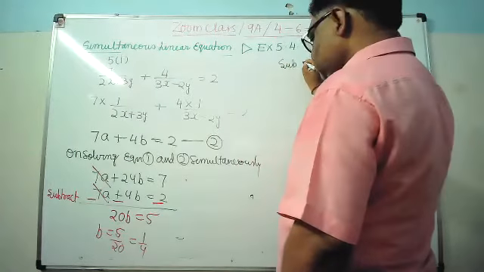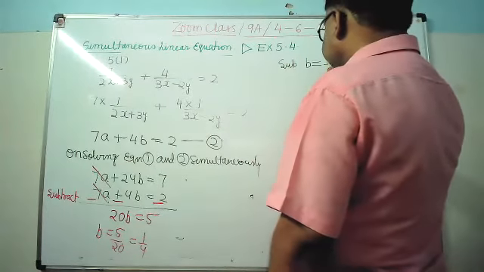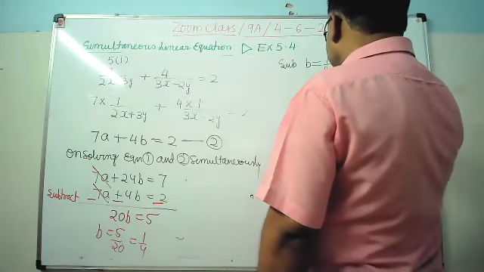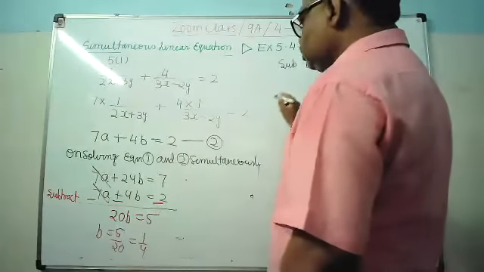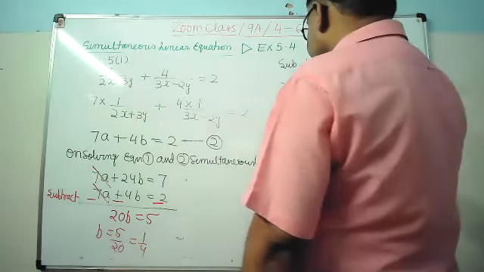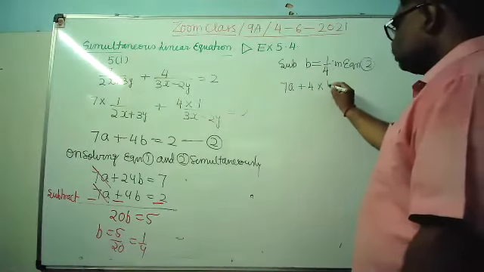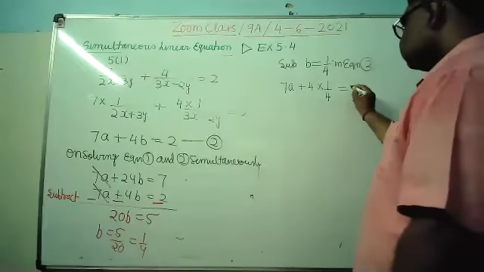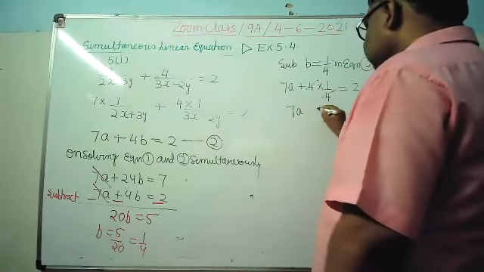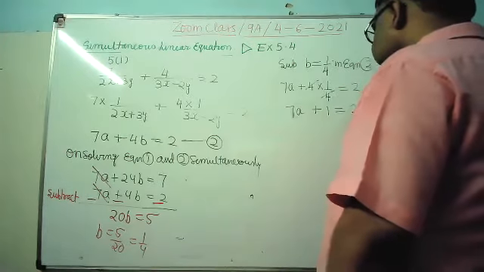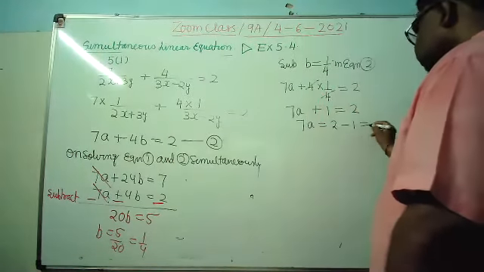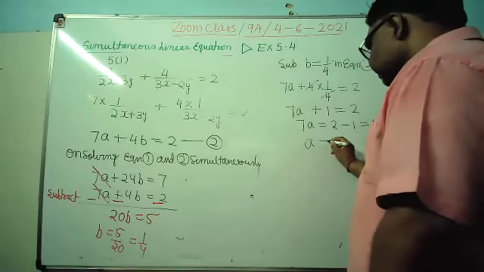Substituting B equals to 1 by 4 in equation 2: 7A plus 4B, so in place of B this. 4 and 4 cancel. So 7A equals to 2 minus 1.